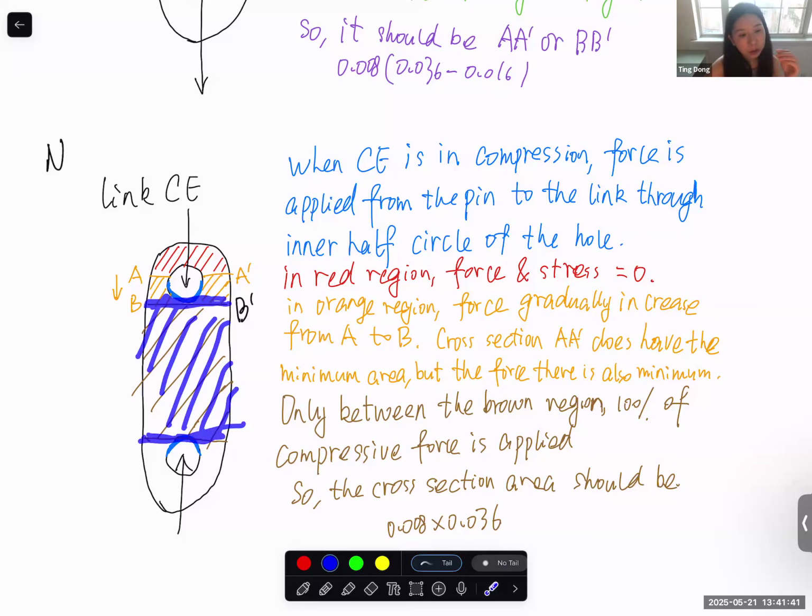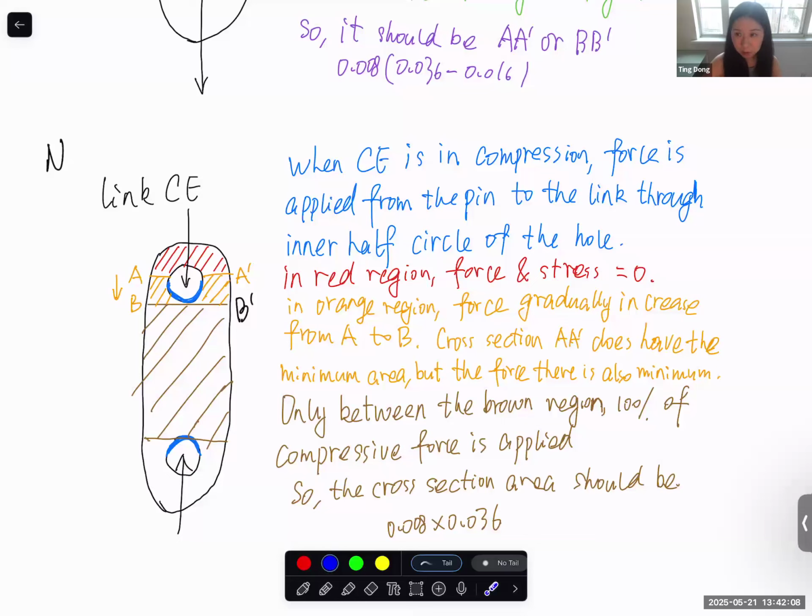So now, if you want to calculate maximum stress in compression, you need to consider where the force is maximum. In this area, the force is gradually increasing, and how it increases is very complicated. We don't need to figure it out. We know the internal force from A prime to BB prime gradually increases from 0 to 100%.